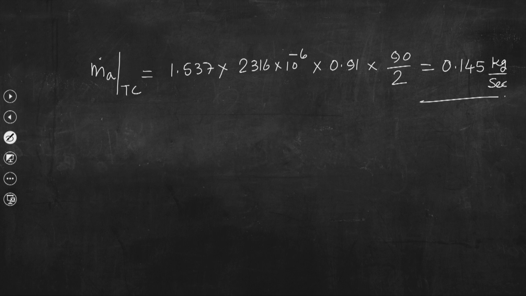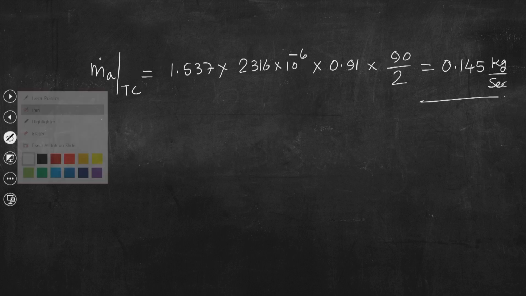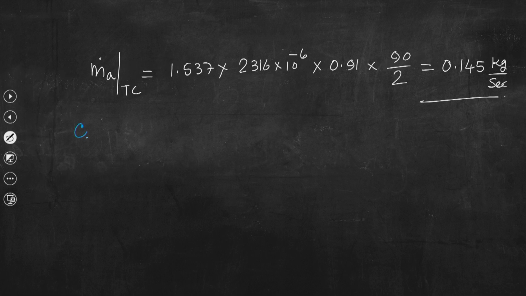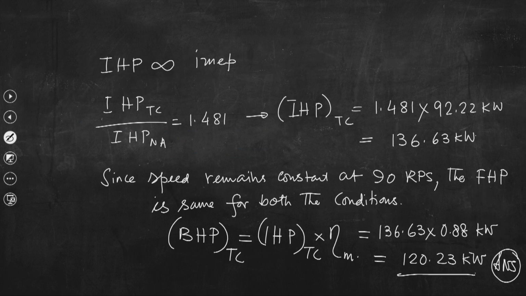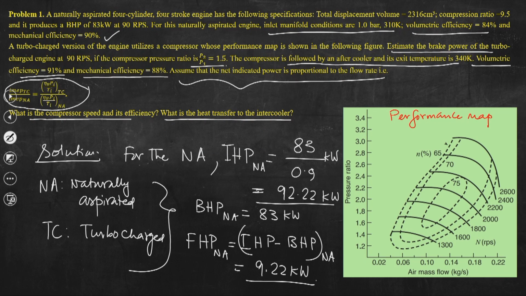So, now we will refer to compressor performance. Because if we go to the problem statement once again, we can see we need to calculate compressor speed, efficiency and finally heat transfer to the intercooler.